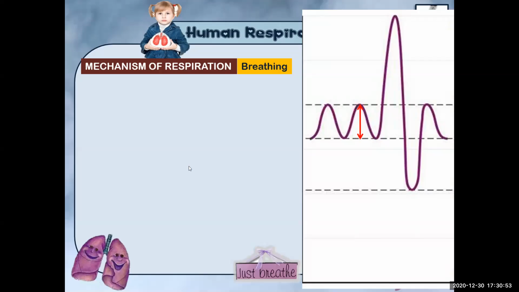Volumes are independent. Capacities are a combination of volumes. So please correct, Aditya. What should be the correct answer? Shravani, correct. Shreya, correct. Tidal volume, that's absolutely correct. So this is tidal volume, 0.5 liters, 500 ml.